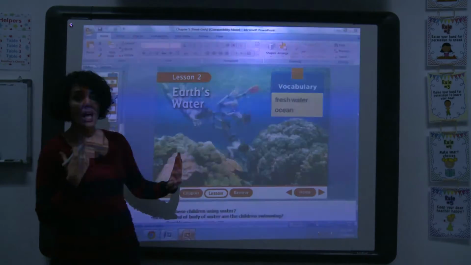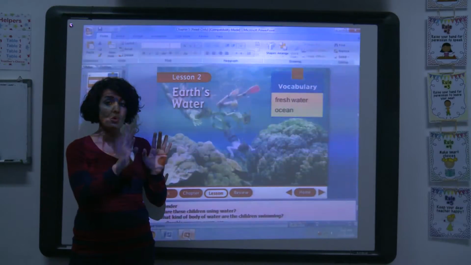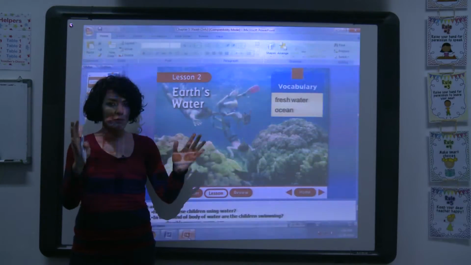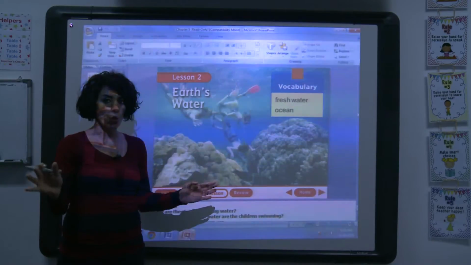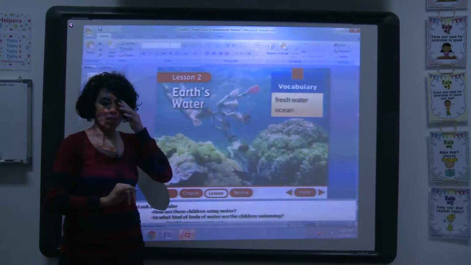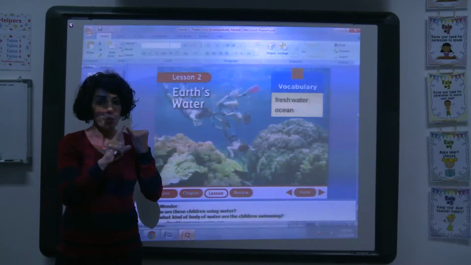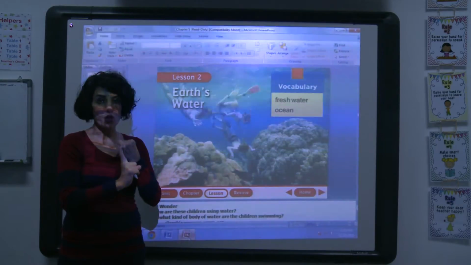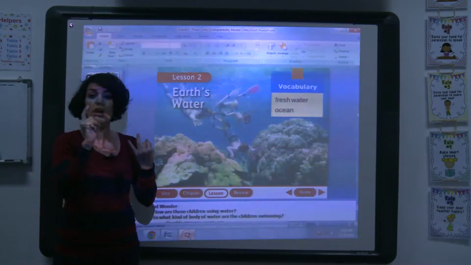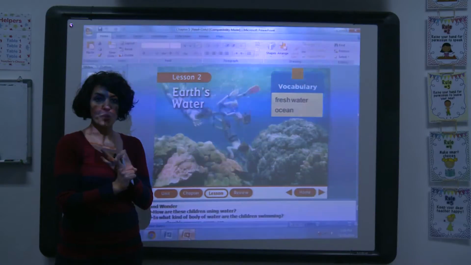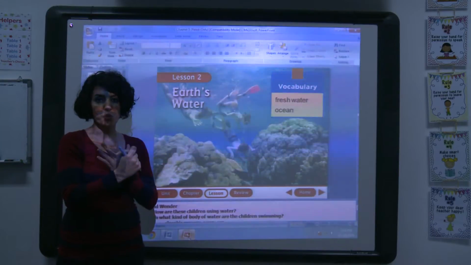I'm going to review and sum up what fresh water is. Fresh water is the water that's not salty. It may contain little salt in it. We can find it in ponds. Ponds are fresh water. Lakes are fresh water. Streams are fresh water. Rivers are fresh water.